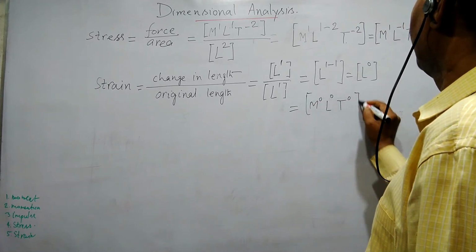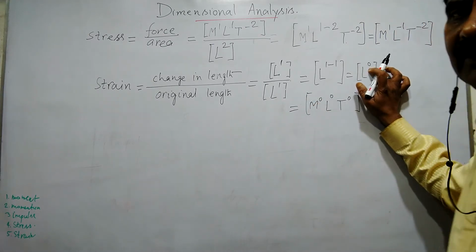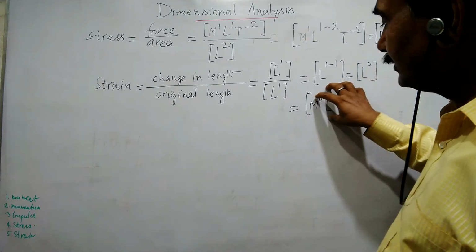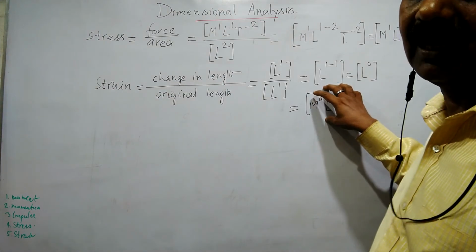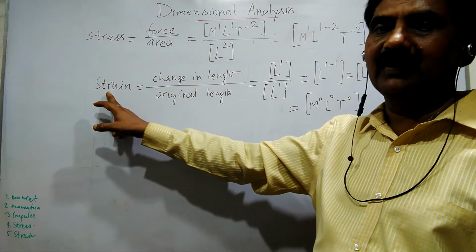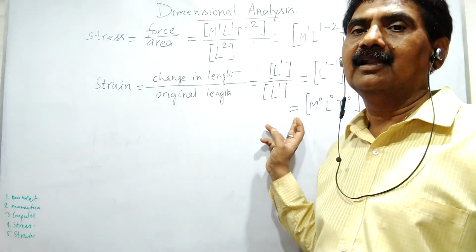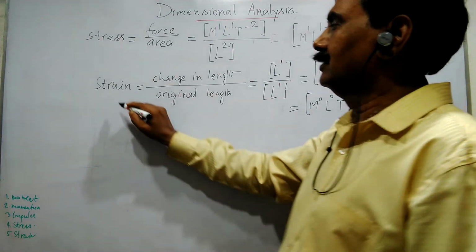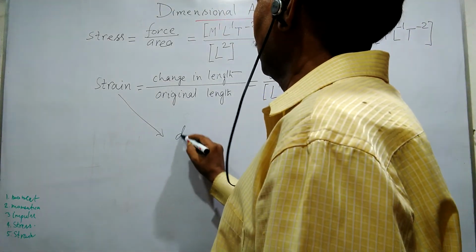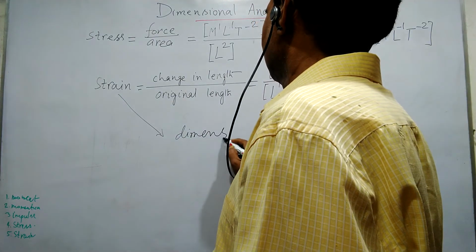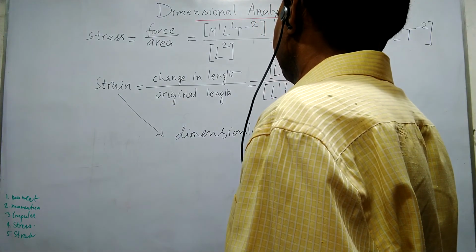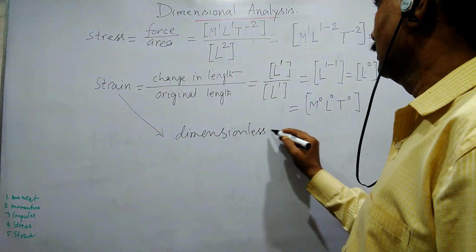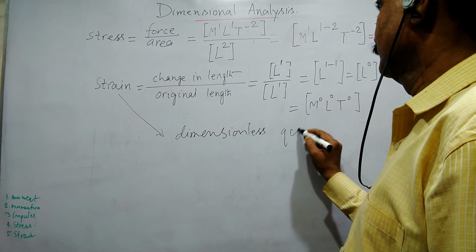There is no fundamental quantity available here, no M, no L, no T. Then this quantity is known as dimensionless. It has no dimension, so what do we call it? Strain is a dimensionless quantity.